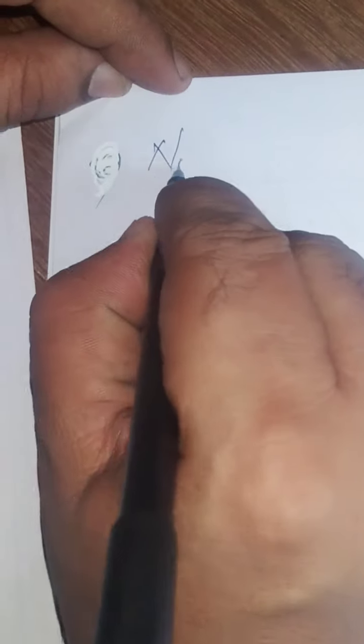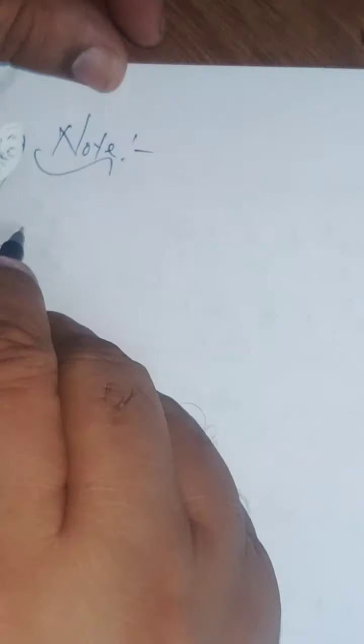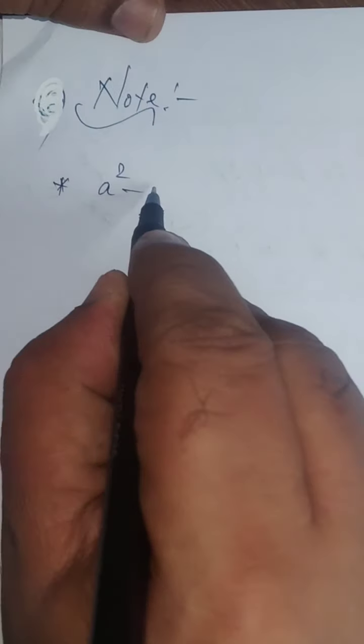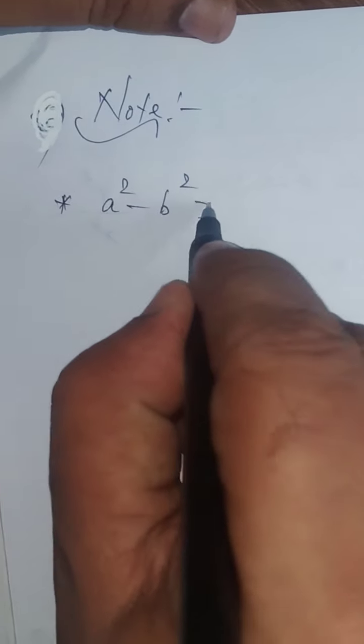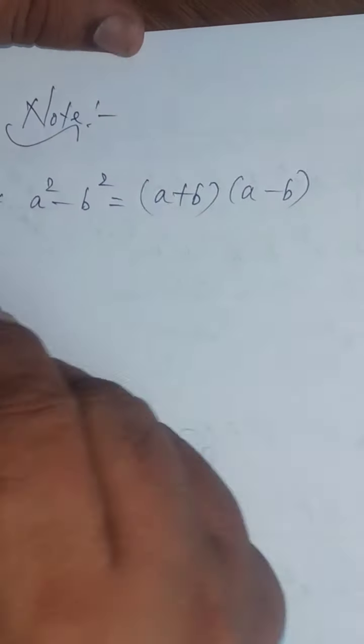Note, these are the identities to be remembered. These identities you have learnt already in 9th standard. A square minus b square is equal to a plus b into a minus b.